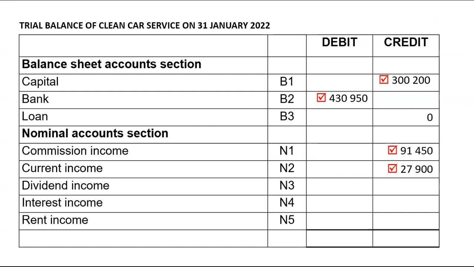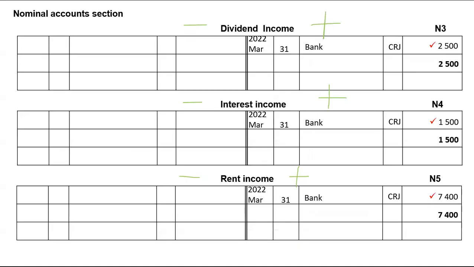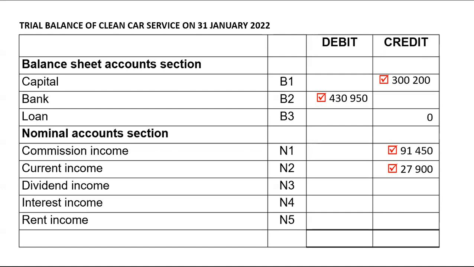It will be 27,900. For dividend income, let's check for dividend income. The total is on the credit side, so we'll put it on the credit side of your dividend income in the trial balance. And the amount for that will be 2,500.